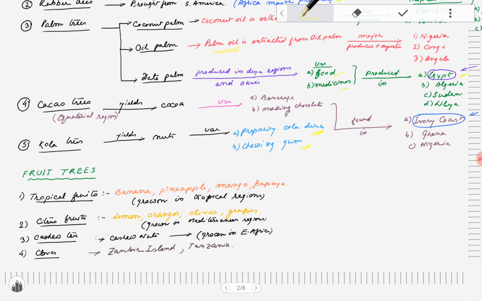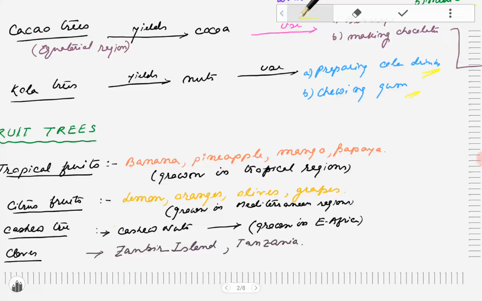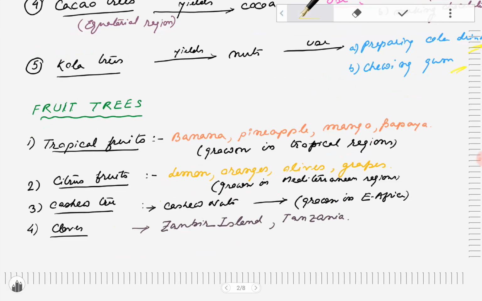The fruit trees present in Africa are of different types, with fruits grown in different seasons. These are tropical fruits, citrus fruits, cashew trees, and cloves. Tropical fruits are found in the tropical regions, and these are banana, pineapple, mango, and papaya.